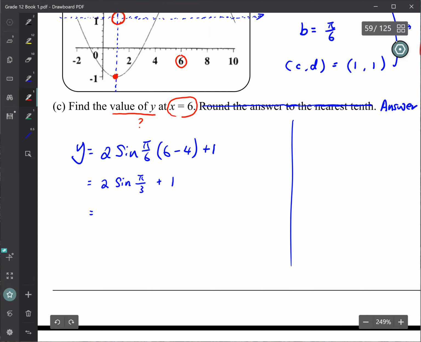Now, once you get here, this part is the part you need to find exact value. Sine pi over 3, okay? I hope you still remember how to find exact values. When you have found the exact value, please raise your hand. Sine pi over 3.